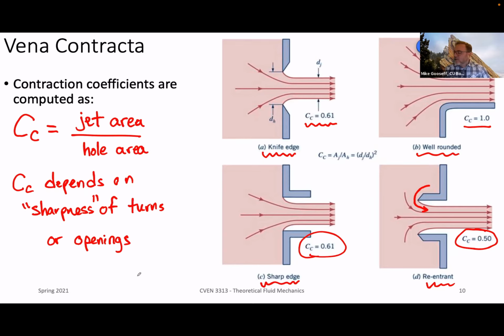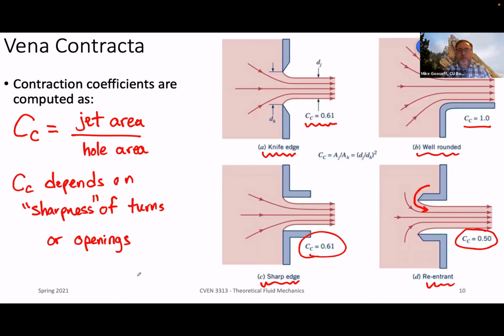With the well-rounded one, not a real sharp turn, we can maintain most, if not all, of the energy that we're transmitting there, and make sure that we're not trying to force fluids to do something they're not very good at.